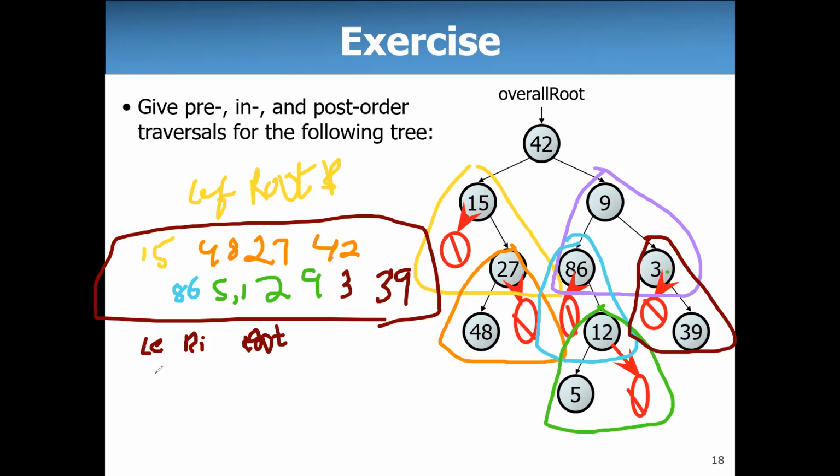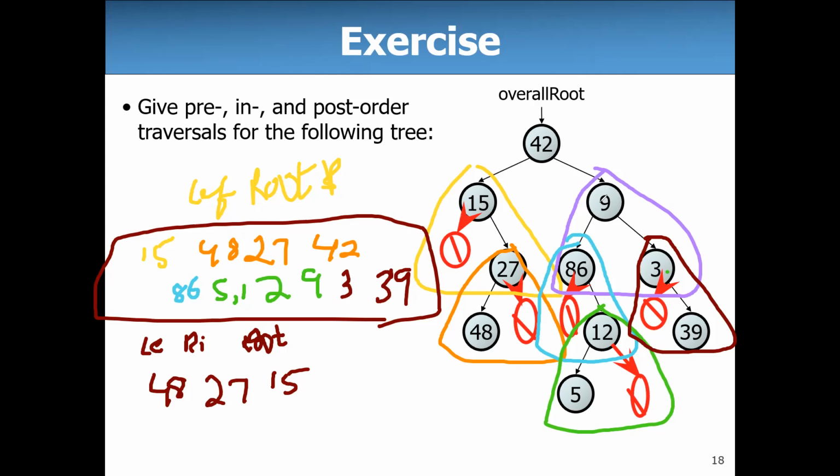Left is 48, 48 will be printed. Right is null, then root, print the root, which is 27. Now as we have done the left and the right, we'll print the root, which is 15. The left of this root is done. So we'll go right side of this root.